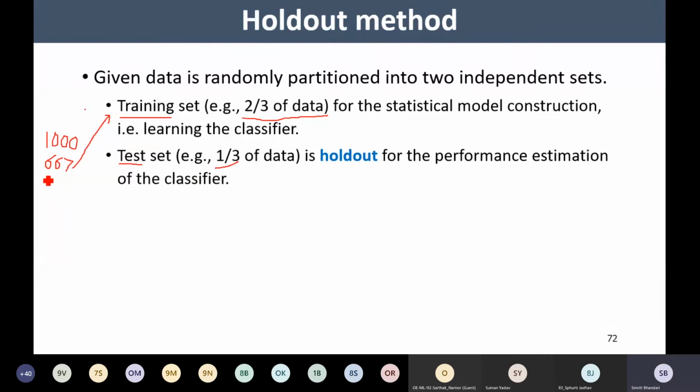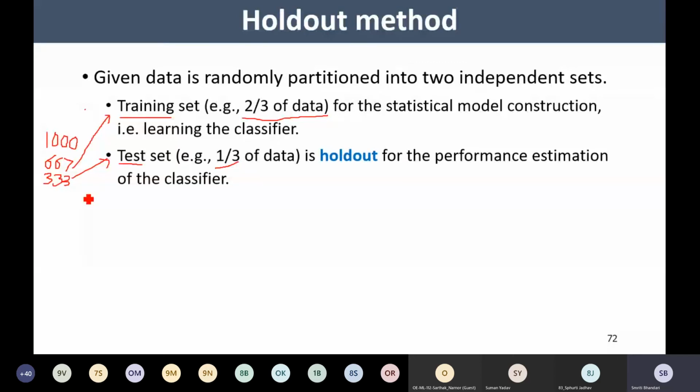The remaining 333 samples are used for testing. So this 1/3 of the samples is held out to assess the performance of my classifier or my algorithm in general. This is how the holdout method works.